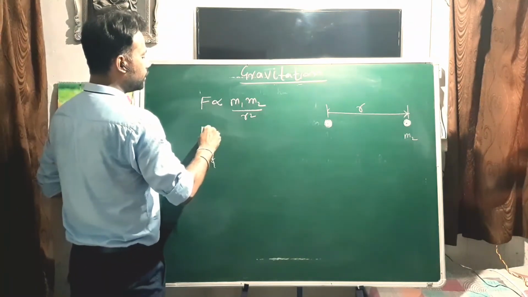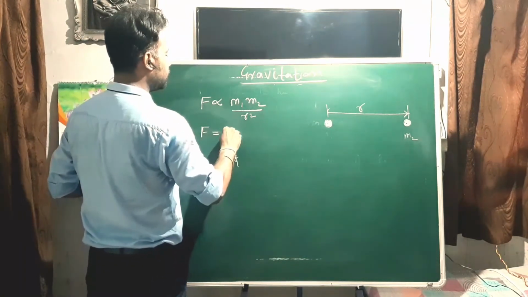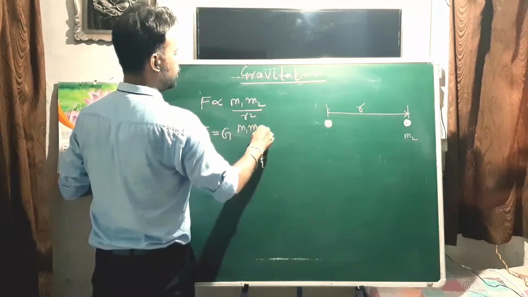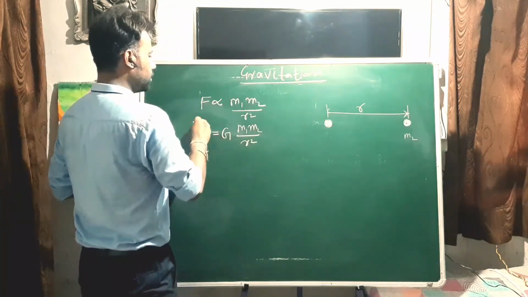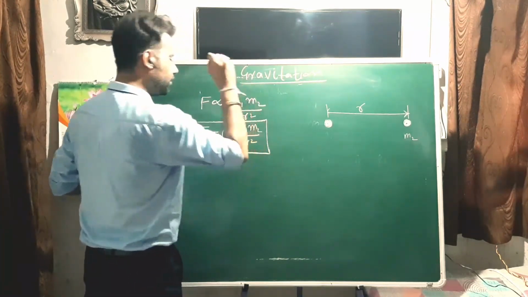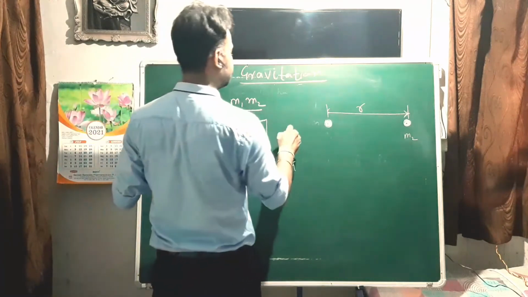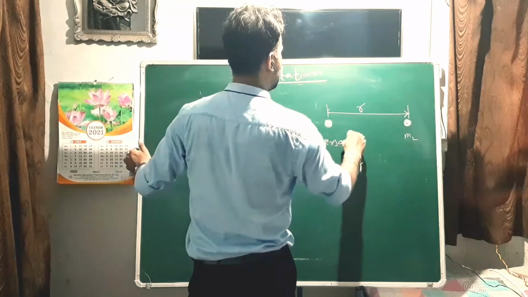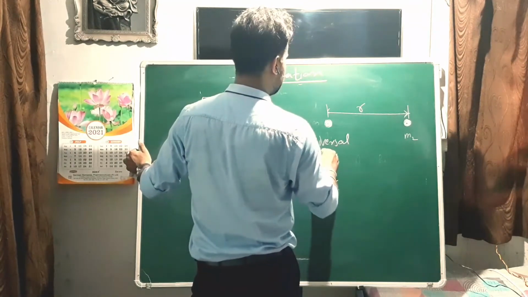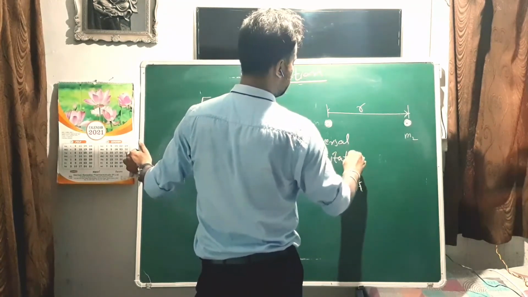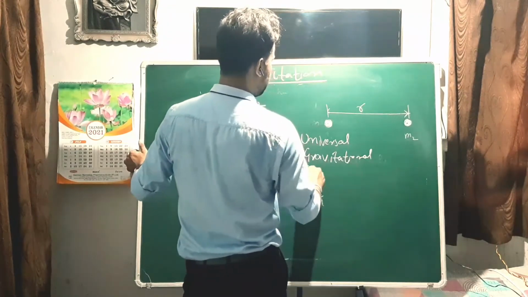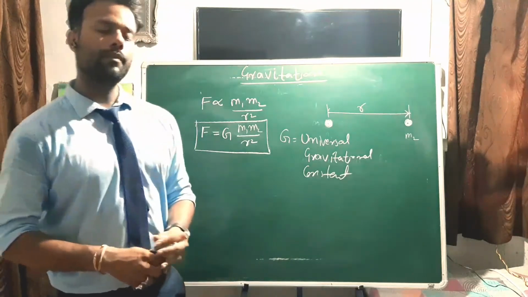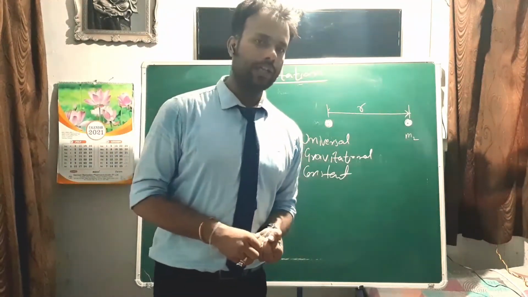So Newton gave the constant capital G, F equals G m1 m2 upon r square, where capital G is known as the universal gravitational constant, right? What it's saying, universal gravitational constant.